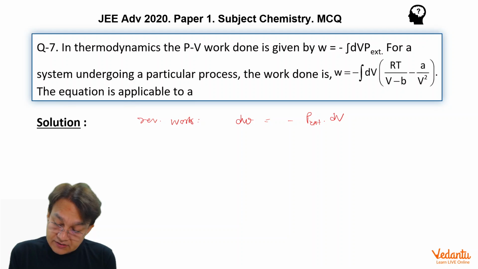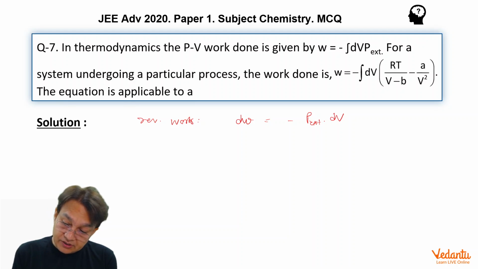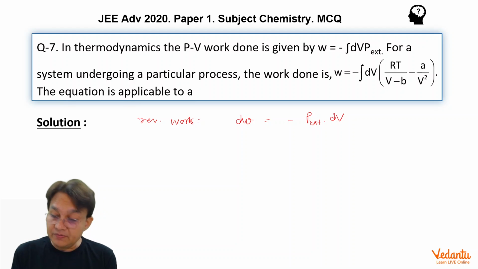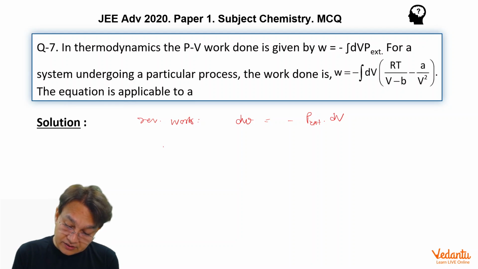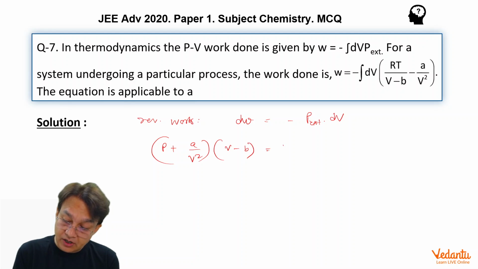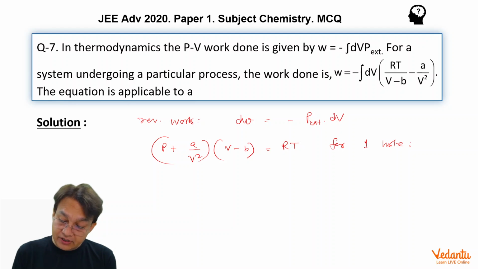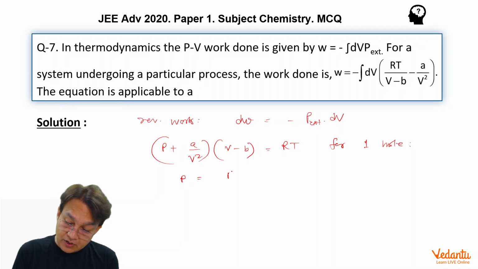Now, as you can see, this expression contains the RT upon V minus b minus a upon V square term. If you remember the van der Waals equation of state, that is (P plus a upon V square)(V minus b) is equal to RT for 1 mole of a gas. So if you look carefully, we can write it like this: P is equal to RT upon V minus b minus a upon V square.